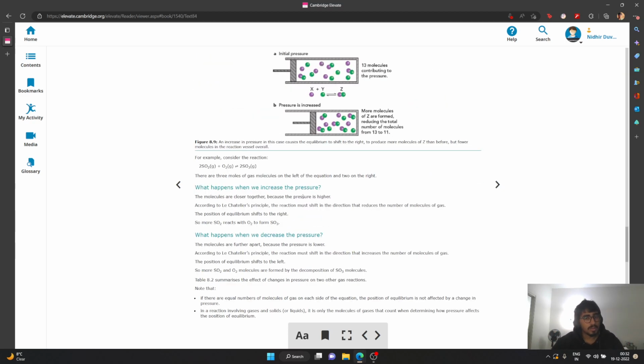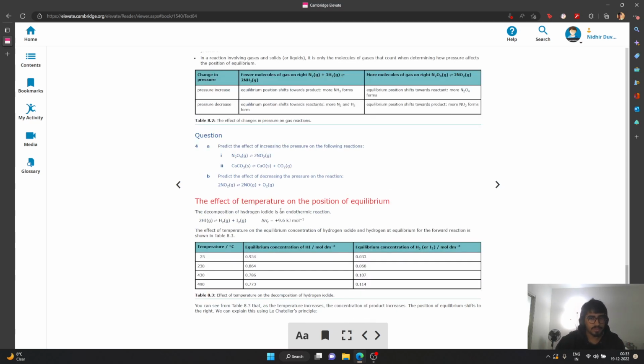So what happens if we increase the pressure? It goes to the right. It will use more reactant moles, as there are 3 reactant moles. It will try to decrease the number of moles according to Le Chatelier's principle, and it will form more SO3 at the end. If you decrease the pressure, the opposite happens.